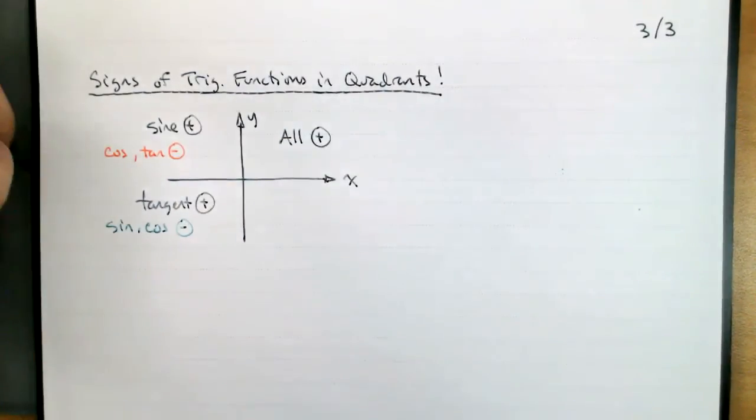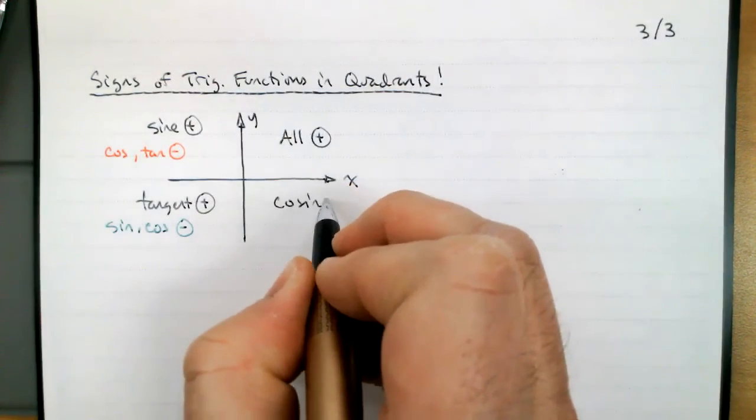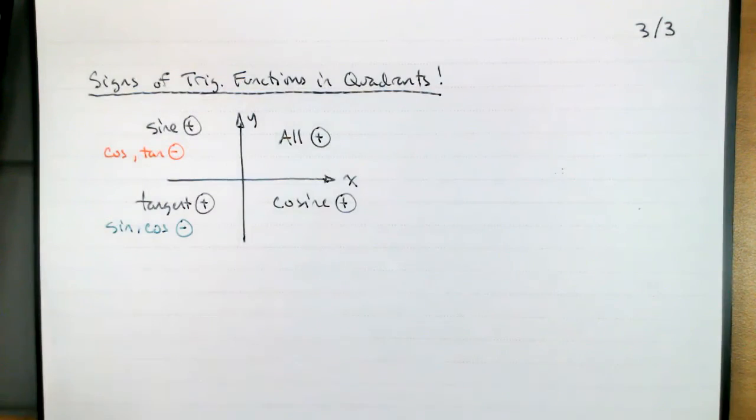And in the fourth quadrant, cosine is positive, sine and tangent are negative.